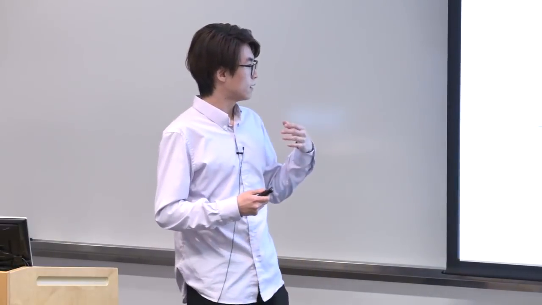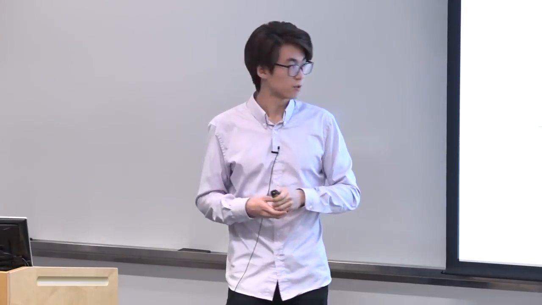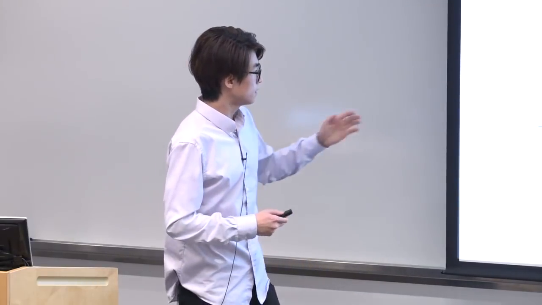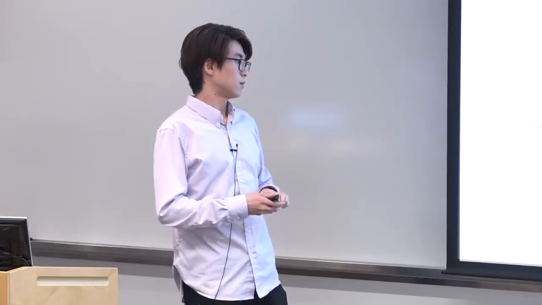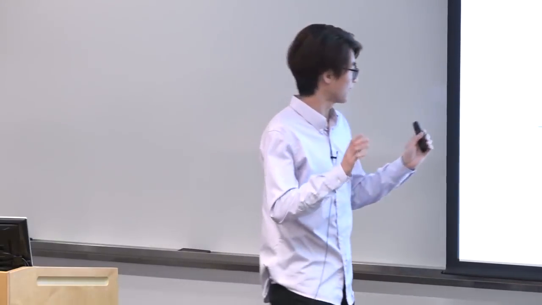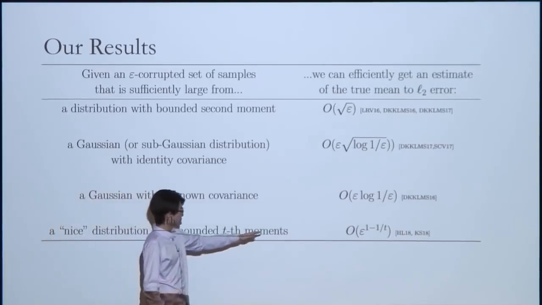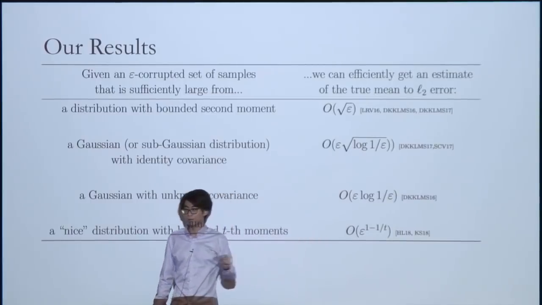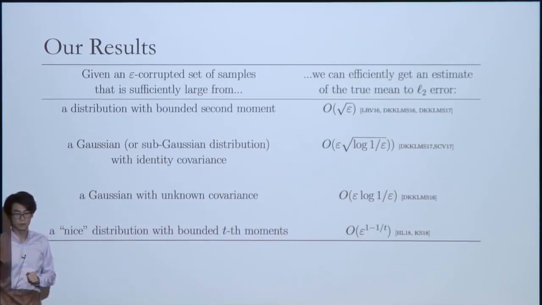If your distribution has bounded t-th moments, which is a way of interpolating between these, because the Gaussian has infinitely many bounded moments that are relatively small, up to some constant t, and your distribution is nice in some technical sense related to the sum of squares hierarchy, never mind that, then you can smoothly interpolate between root epsilon and epsilon.